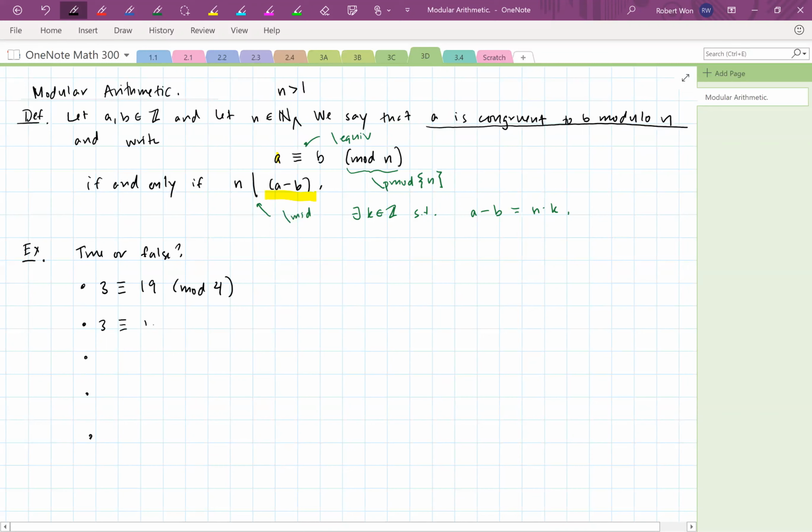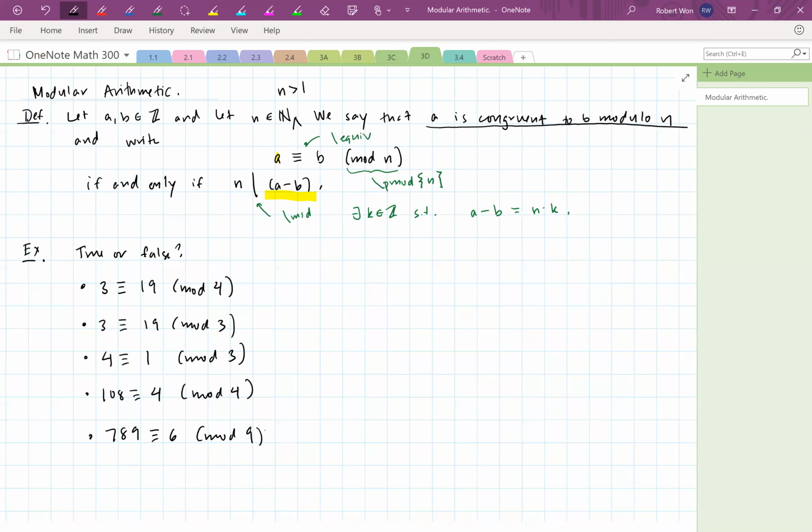Is 3 congruent to 19 modulo 3? Is 4 congruent to 1 modulo 3? Is 108 congruent to 4 modulo 4? And is 789 congruent to 6 modulo 9? I want you to figure out whether these are true or false. So take a moment, pause the video.